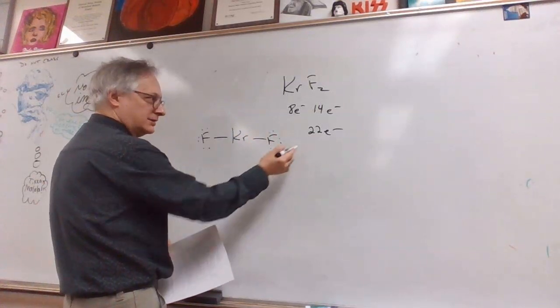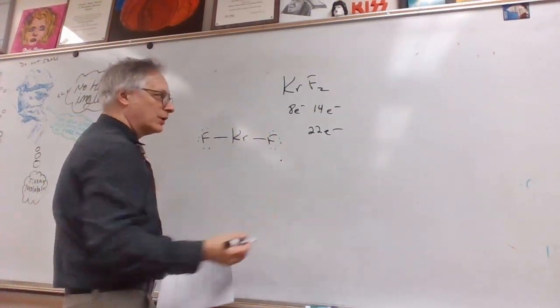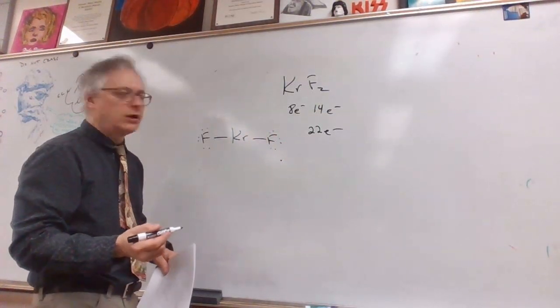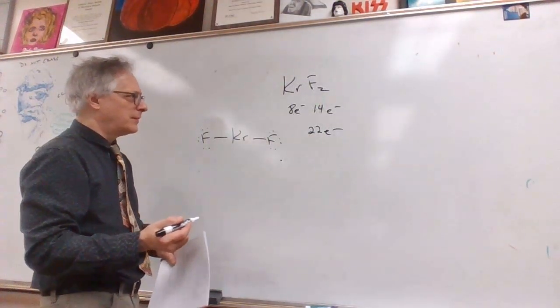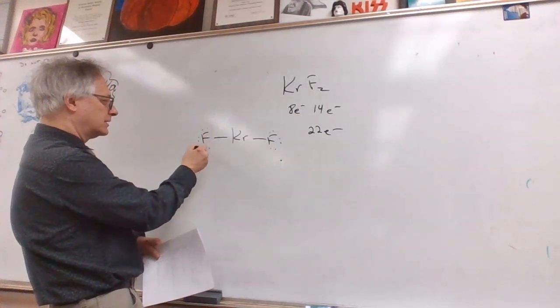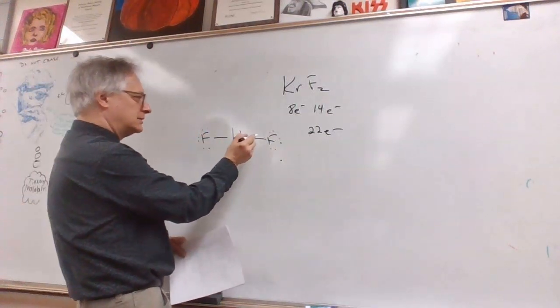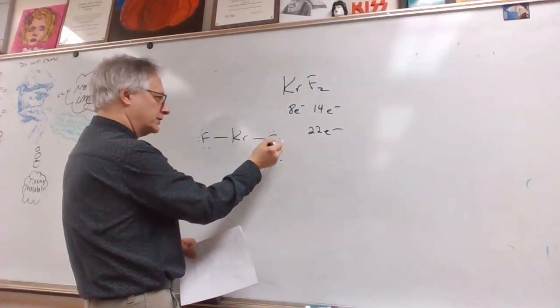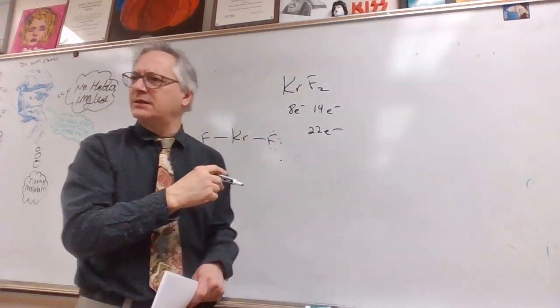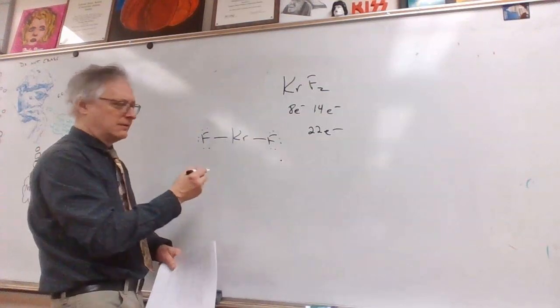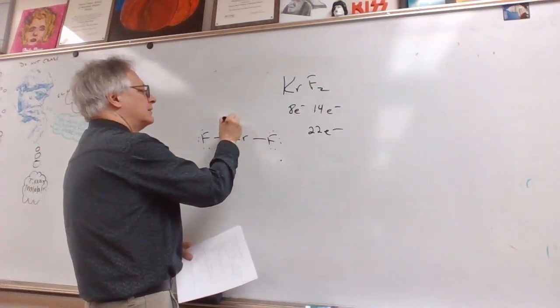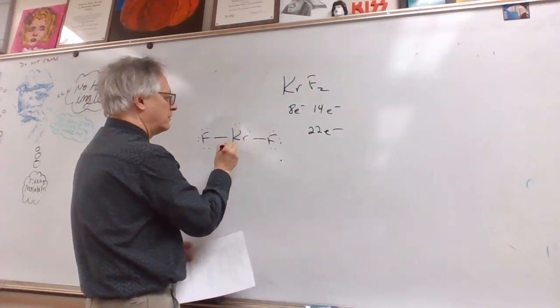So then I've got 22, so I have 8 more electrons to place, right? No. How many have I used so far? 2, 4, 6, 8, 10, 12, 14, 16. What's 22 minus 16? 6. Right, 6. Gotta think. 1, 2, 3, 4, 5, 6.